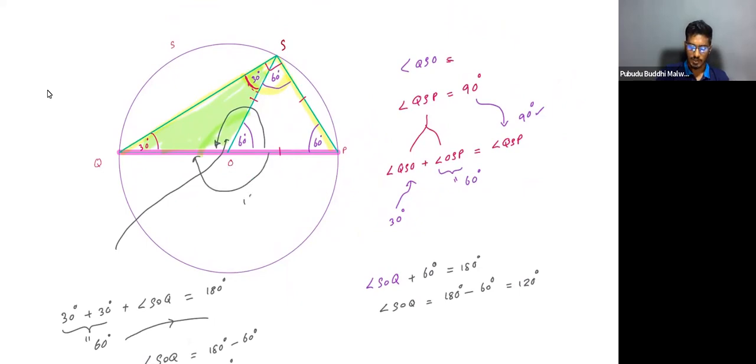Very obvious, like that, right? So we can do a lot of constructions, like for example, I can draw another horizontal line through S like this, right? So then that line is parallel to this QP line.